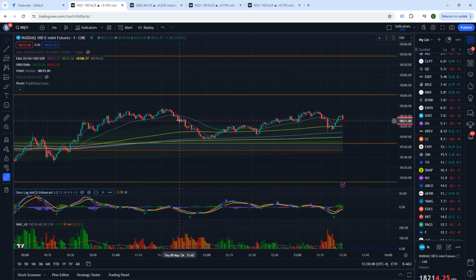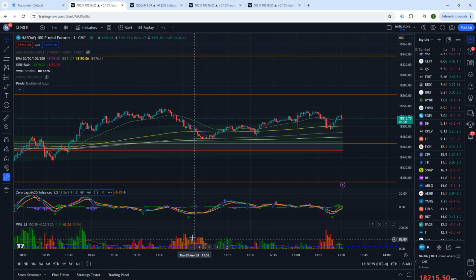Right here you could have easily been faked out, but I was not even looking for anything until this turns green, and then obviously you want to see this bottom one turn green soon after. Otherwise, it's not really a confirmation. But I took a scalp at the 200 anyways.